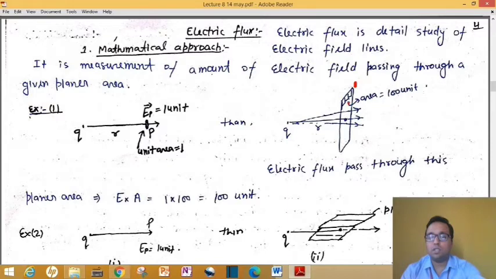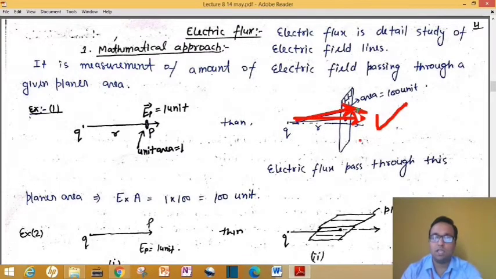So 100 blocks will be there in this plate. Now, this was your point P, and from this point one line is coming out, which is your electric field, but here we have many areas like this one.